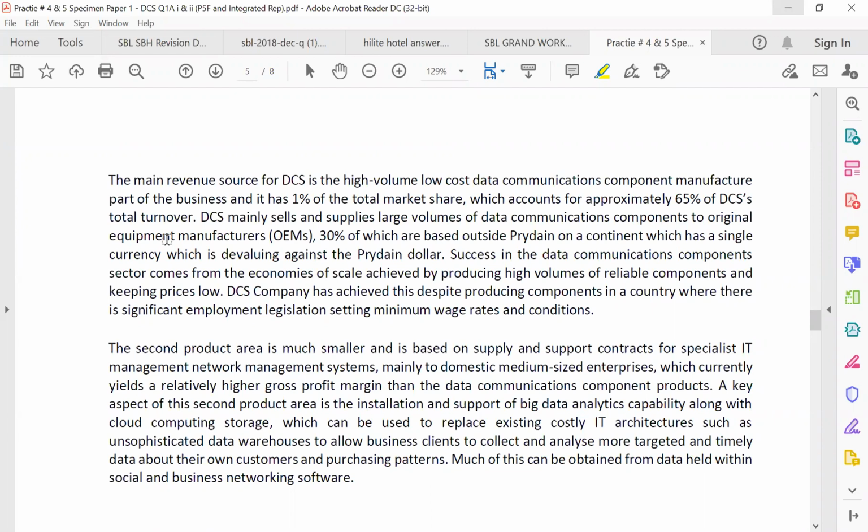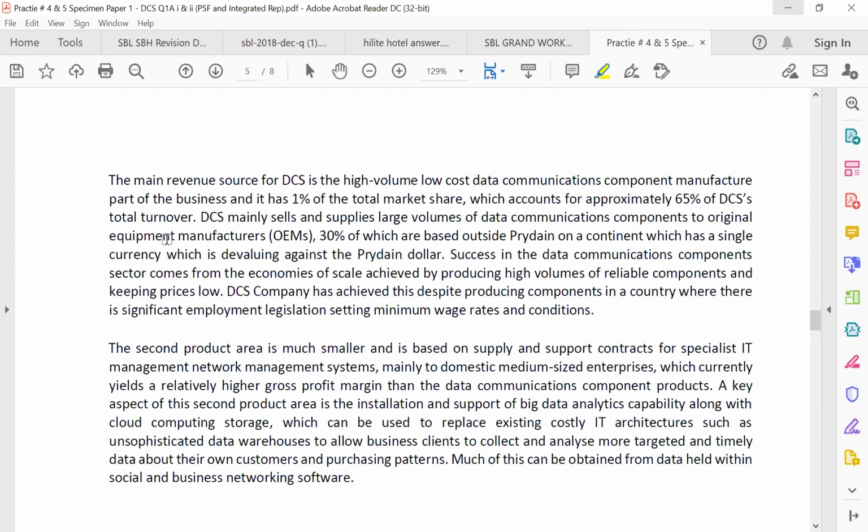Success in the data communication component sector comes from the economies of scale achieved by producing high volumes of reliable components and keeping prices low. The DCS company has achieved this despite producing components in a country where there is significant employment legislation setting minimum wage rates and conditions.